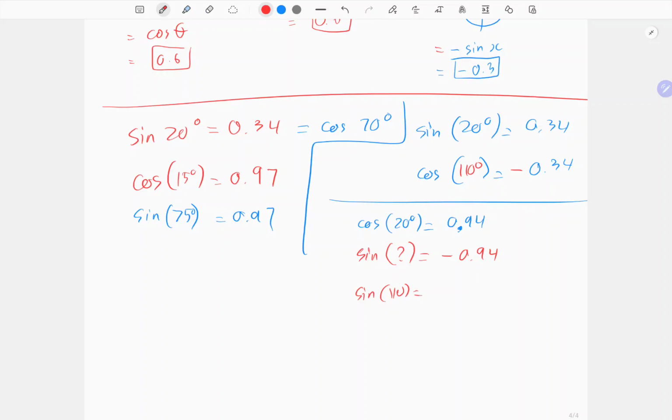0.94, yeah. But it's not negative. What angle would give you negative? Which angle would give you negative? Because if you just simply punch in sine of 90 degrees plus 20 degrees, which is 110, it would just be positive 0.94. So how do you get negative 0.94?